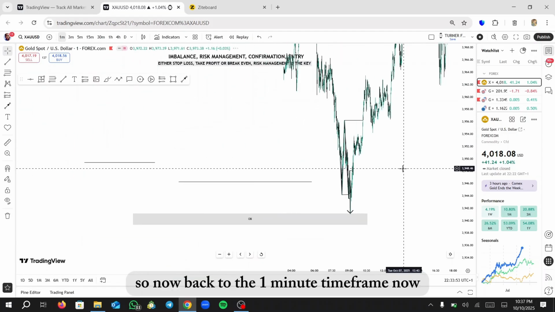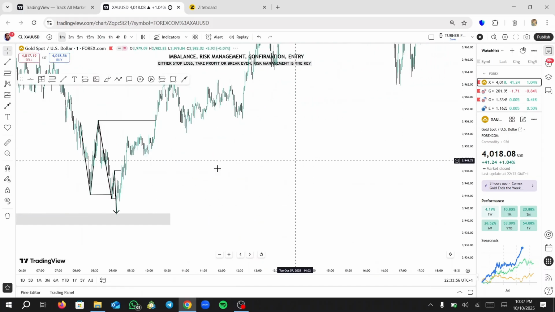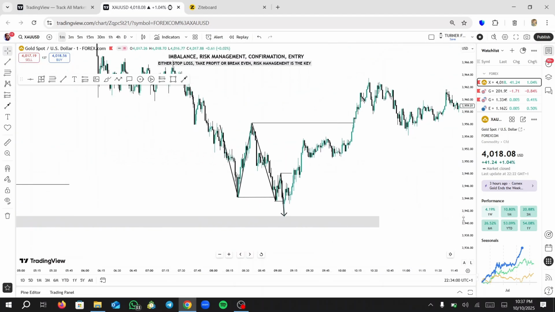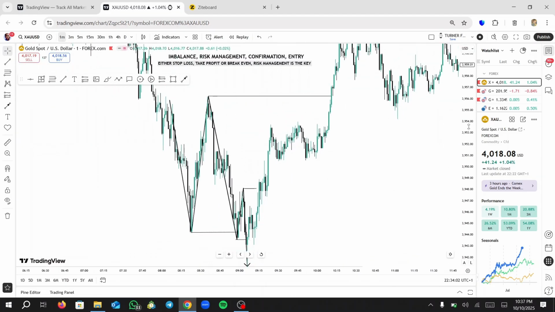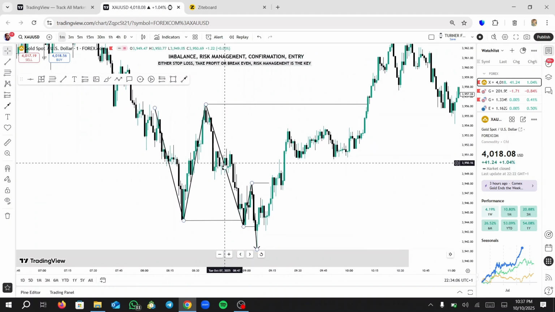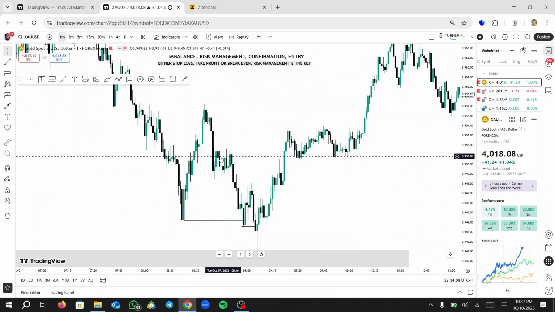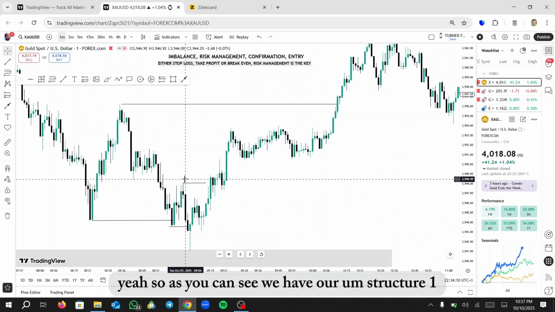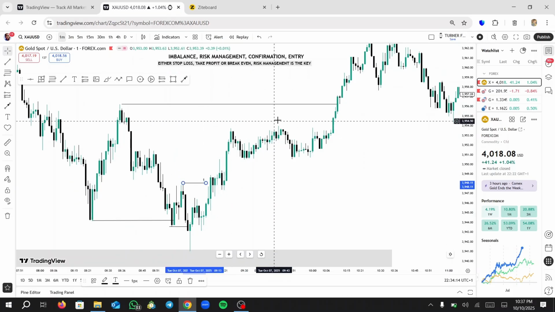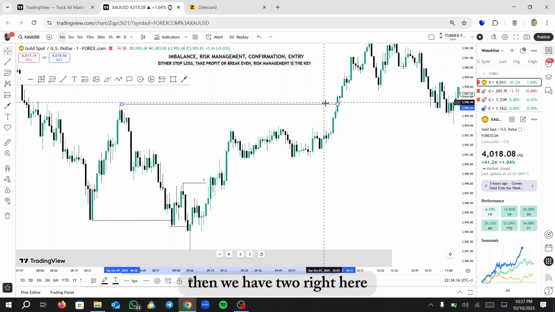So now back to the 1 minute time frame. Let me delete this. Yeah, so as you can see, we have our structure 1, then we have 2 right here.